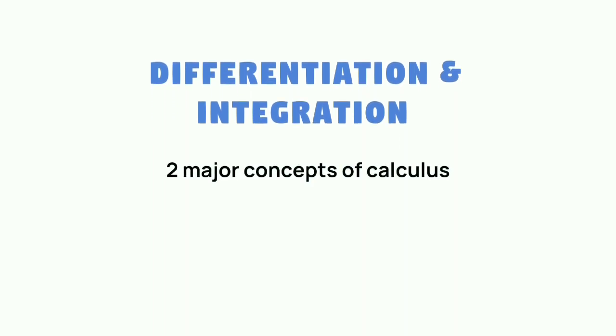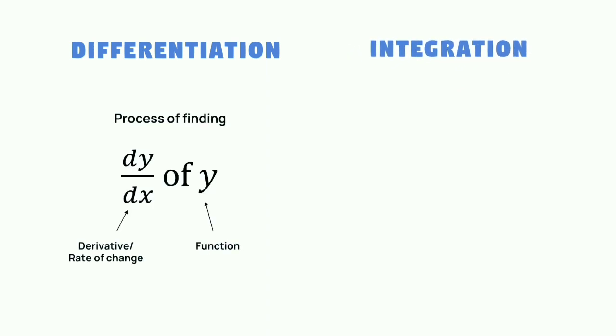As we mentioned before, differentiation and integration are the two major concepts of calculus, and they are very closely related to each other. In simple words, differentiation is a process of finding the derivative or rate of change of a function. On the other hand, integration is a method of adding or summing up the parts to find the whole.